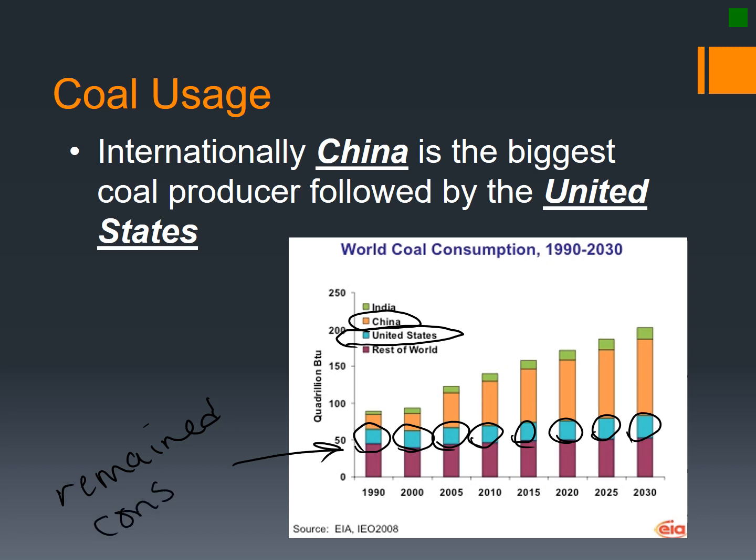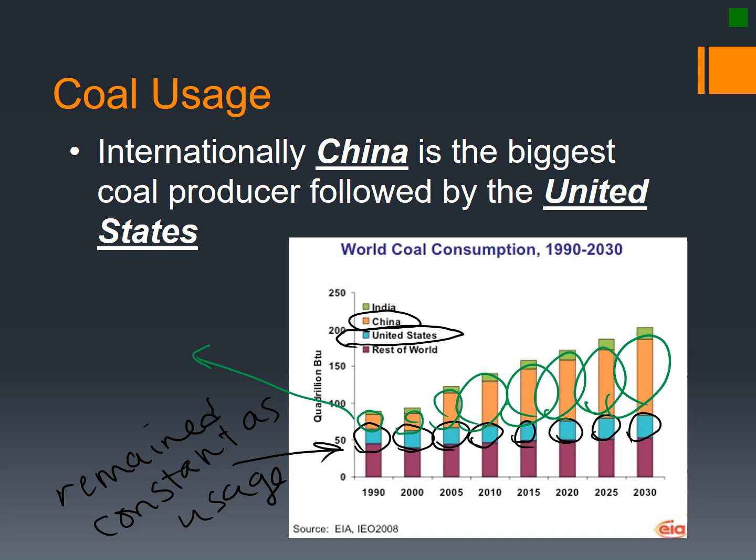But if you focus on China, what do you notice about that amount? China is using more and more. It's increasing its usage, whereas the United States has had a lot of usage, but now it's leveled off.